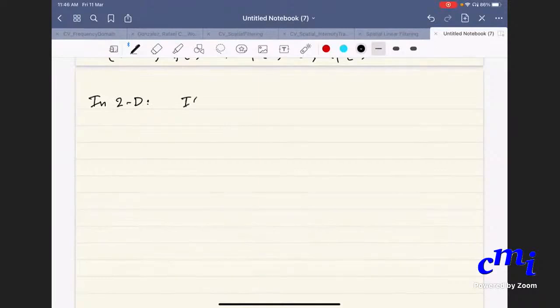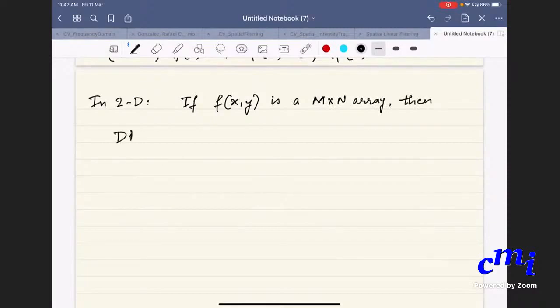So if f(x,y) is an m cross n array, then the discrete Fourier transform capital F, variables u and v, is given by, so this is a generalization of the one dimensional thing only.